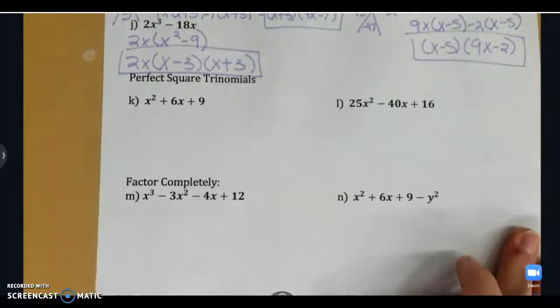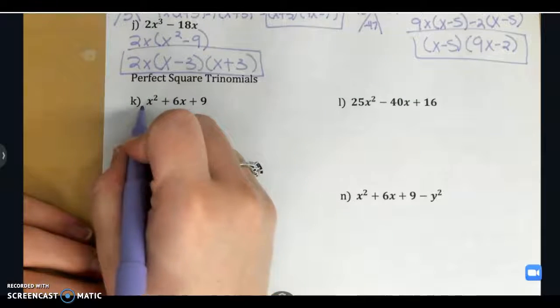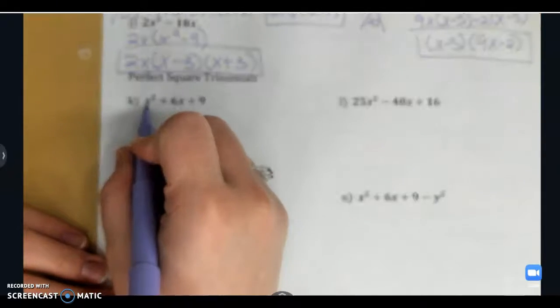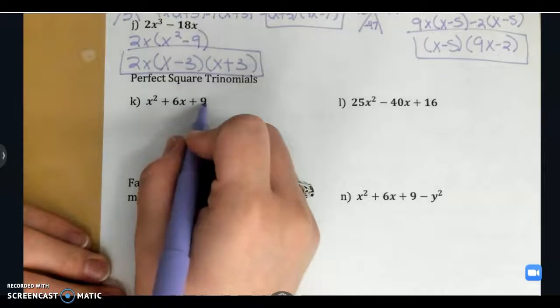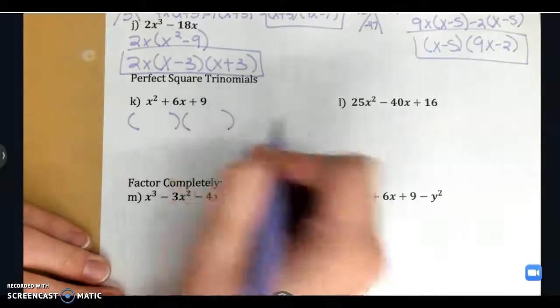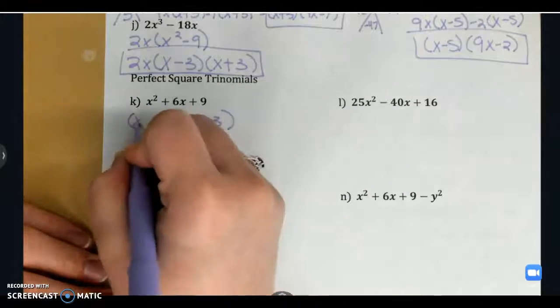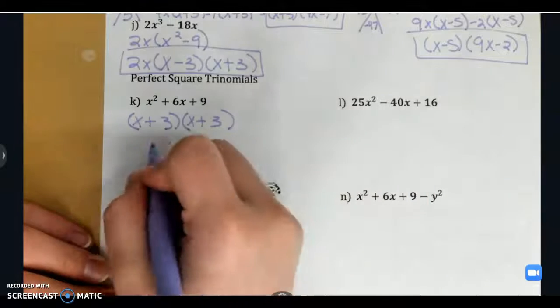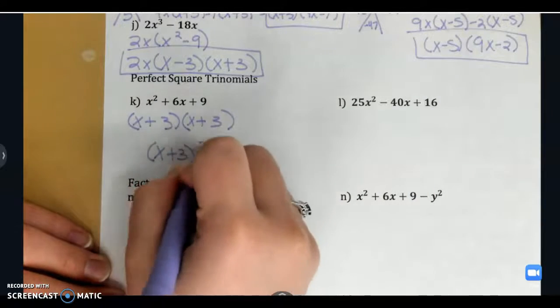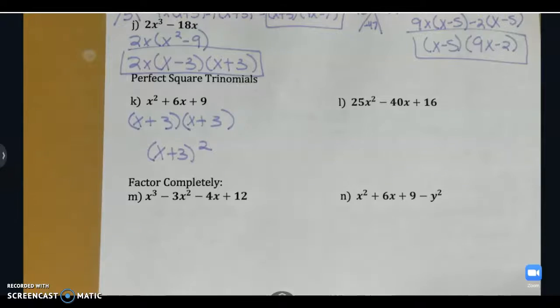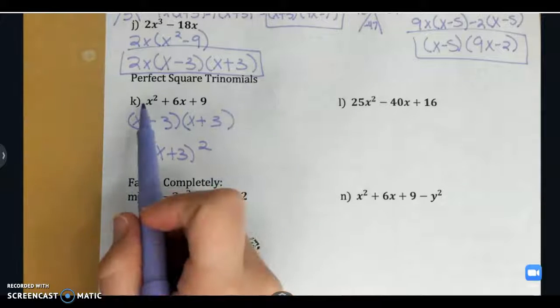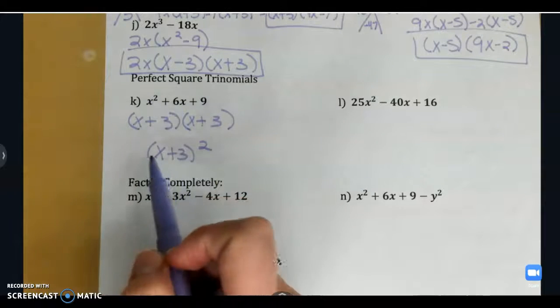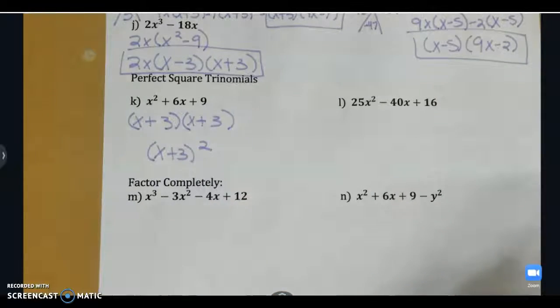Now, perfect square trinomials, this is when, if I were to factor this, my coefficient here on A is just 1, so I'm just looking at factors of 9 that add to 6. Well, that's 3 and 3. So this is x plus 3 times x plus 3, which is just x plus 3 squared. So when I have a perfect square trinomial, my FOILed trinomial is going to be whatever my first term squared is, plus 2 times a and b plus b squared.